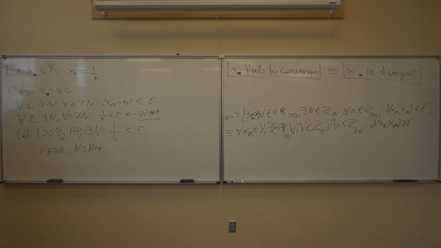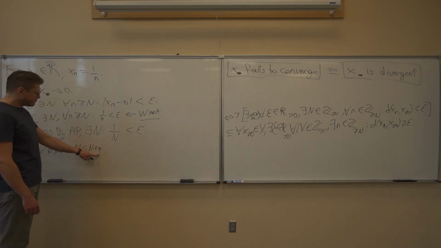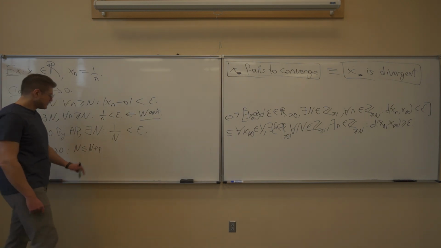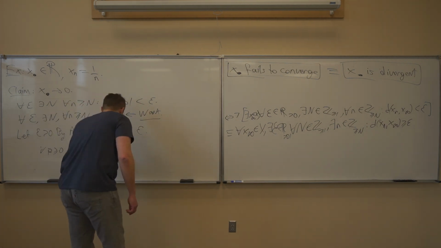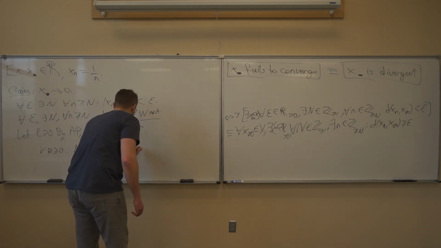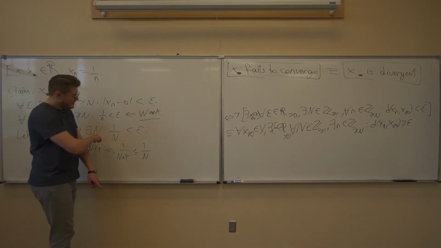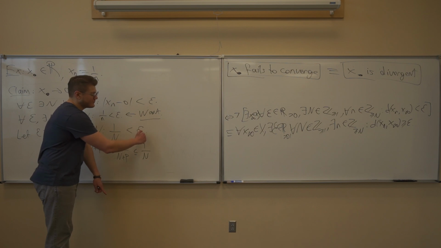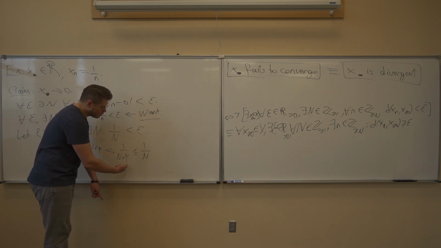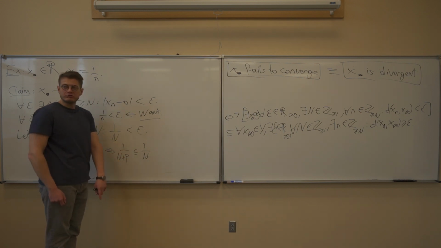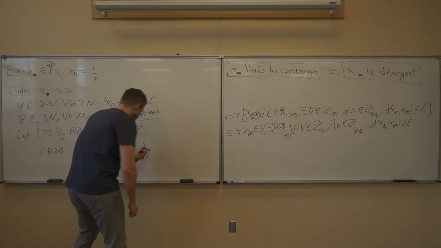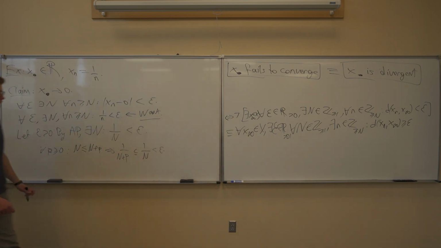Taking things to the other side, 1 over N plus p is bounded by 1 over N. In other words, because my capital N is such that 1 over N is bounded by epsilon, the same is going to be true for any time after this capital N also. Okay? This is the definition for this sequence to converge to 0. That's literally the definition.